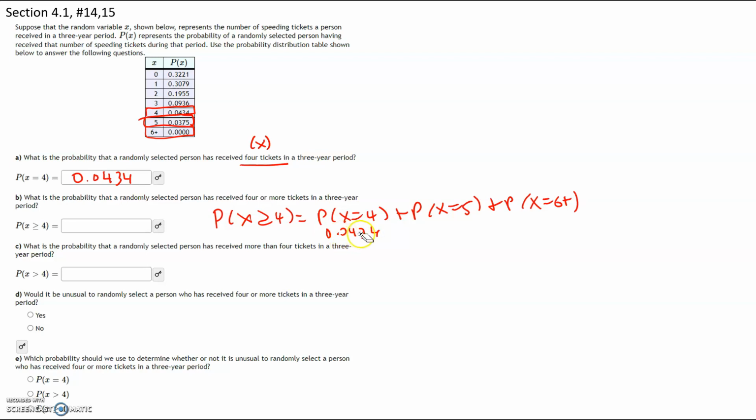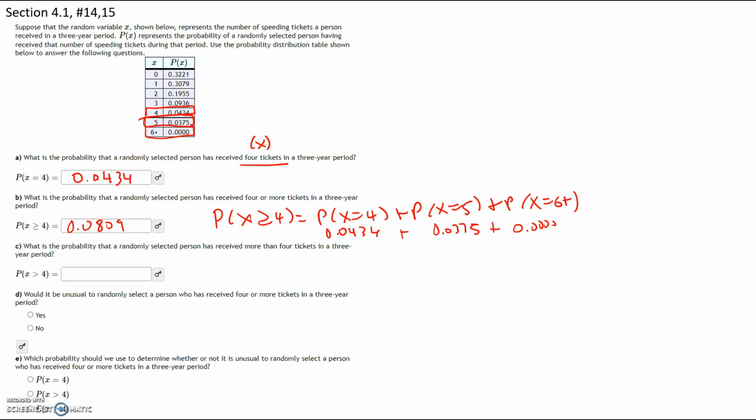That's from part A. And then x equals 5, that's 0.0375. And then x equals 6 plus is going to be 0.0000. So if we add this up, we have 0.0434 plus 0.0375. And that's going to give you 0.0809. This means if you sample 100 people, then about 8 out of 100 will have received 4 or more tickets in a 3-year period.